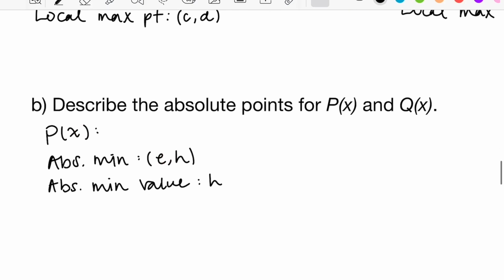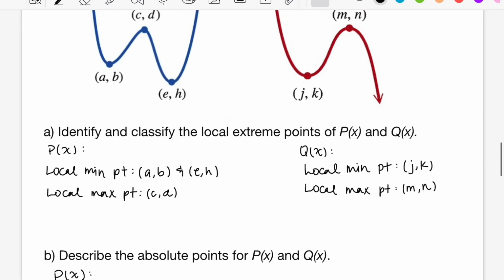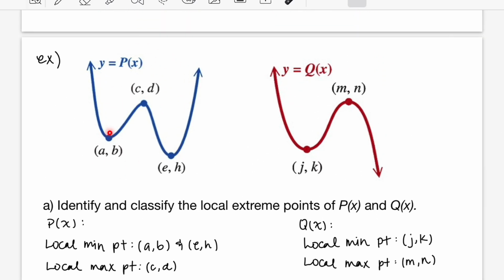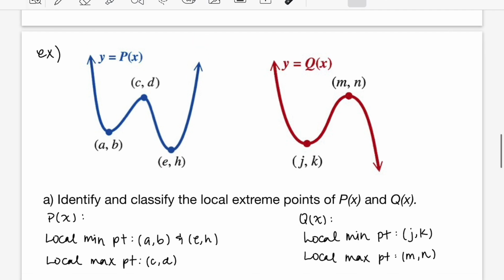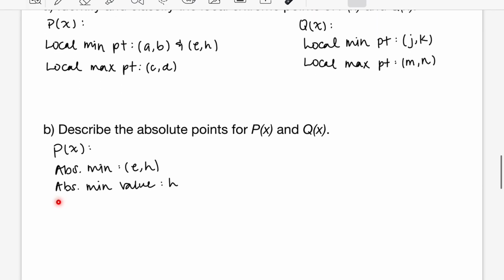Okay? And the range for this guy, for p of x here, we know that the lowest point we're going to get is h here, and then all of our other output values are going to keep going on in this direction, so up to infinity. So this tells us that our range is h up to infinity.